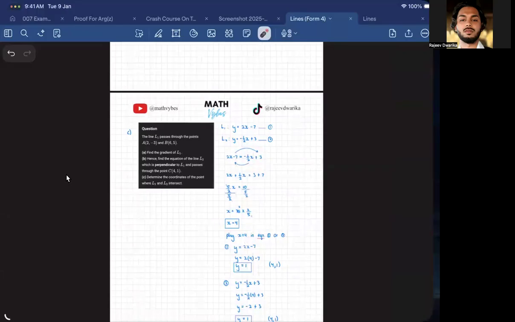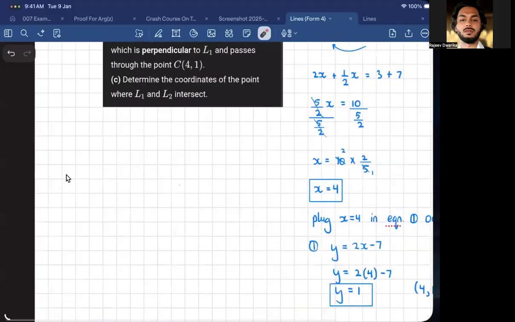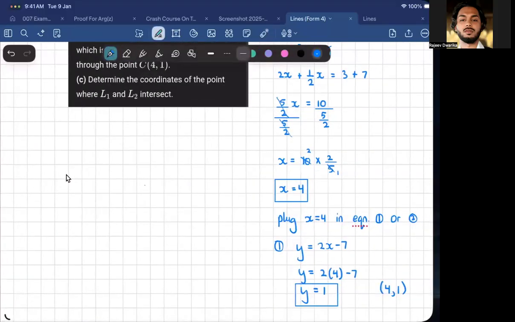All right, no problem. Let me give you all a question similar to this. So the general steps for this, I'm going to write some general steps so you all can understand it. Step 1: put equation 1 equal to equation 2. Step 2: find x.